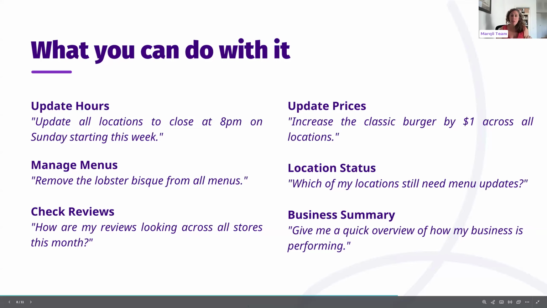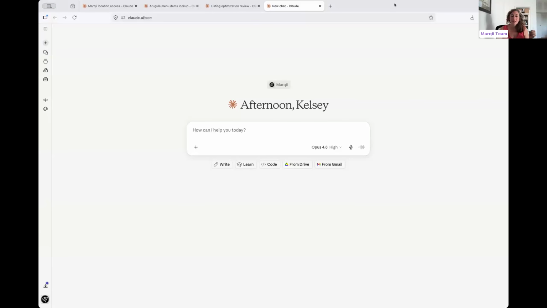One thing that I am not able to share with you, because this is a demo account, so we don't have any other data in here, but I think one of the magic pieces of the MCP is you can combine your Marqii data with other data. So if, for example, you uploaded reports from your CRM, or from your POS portal.